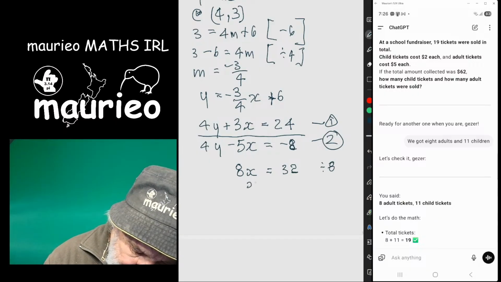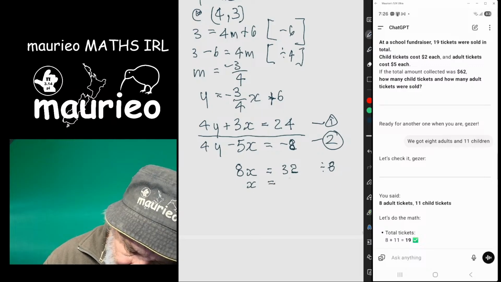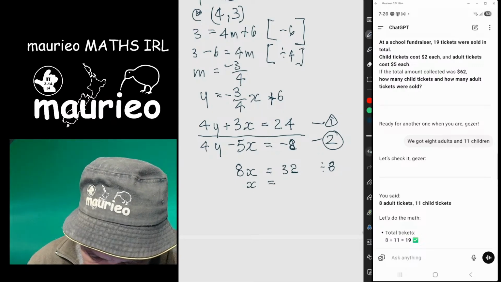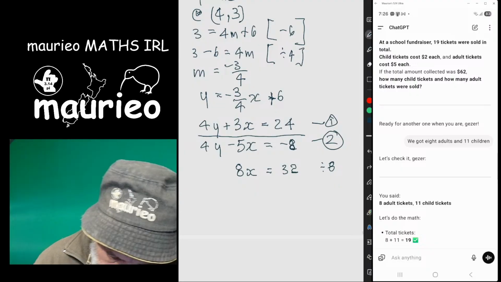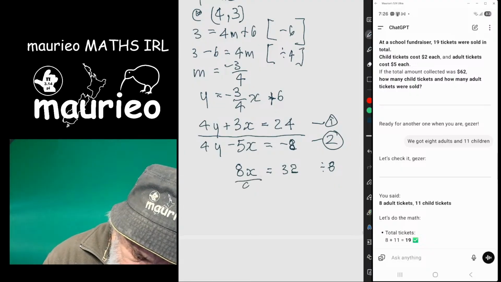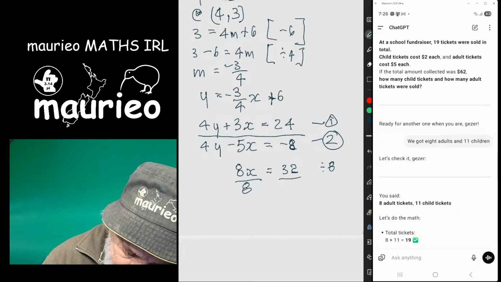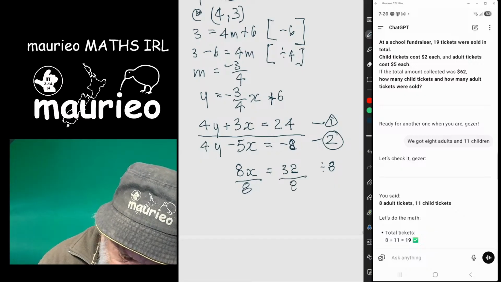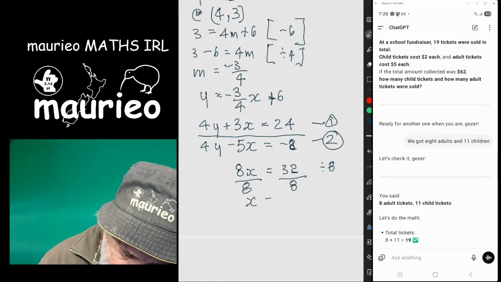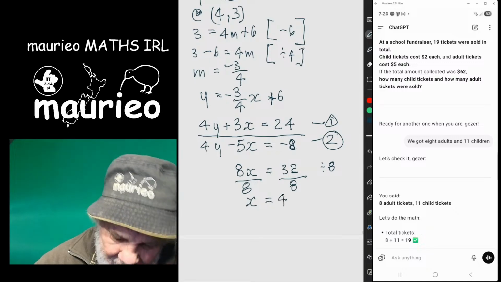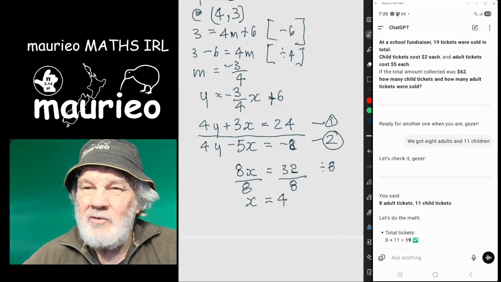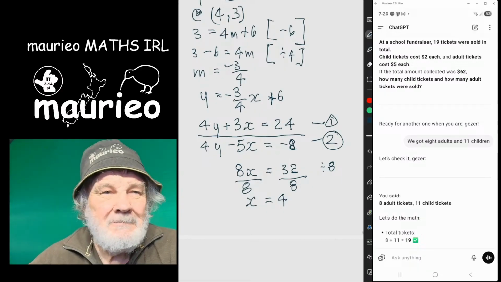And we get x equals, divide through by 8. x equals 4. Yay, which agrees with what we were trying to do.